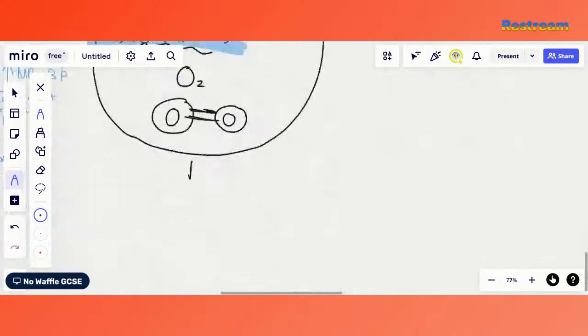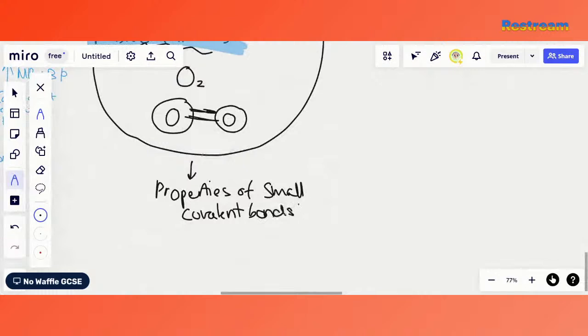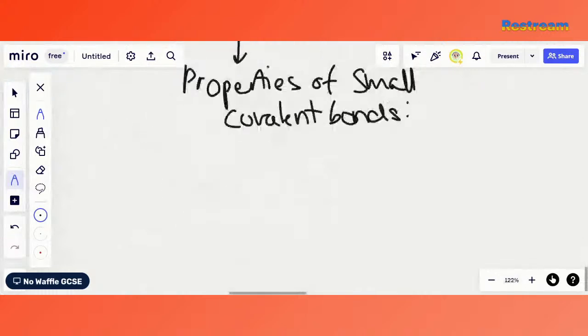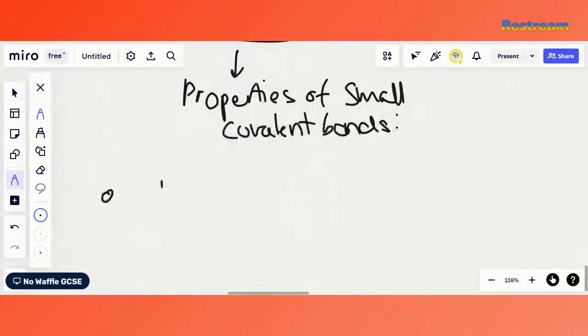So properties of small covalent bonds goes as follows. Firstly, there's a low melting point and there's a low boiling point.